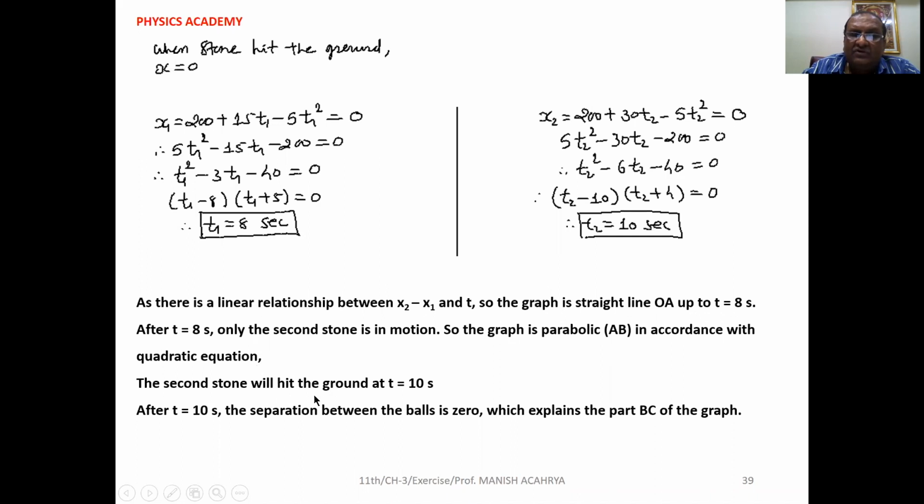The second stone will hit the ground at 10 seconds, so after t equal to 10 seconds, the separation between the balls is 0. Clear? So in this way, the graph is justified, and the equations are also prepared for it. Clear?